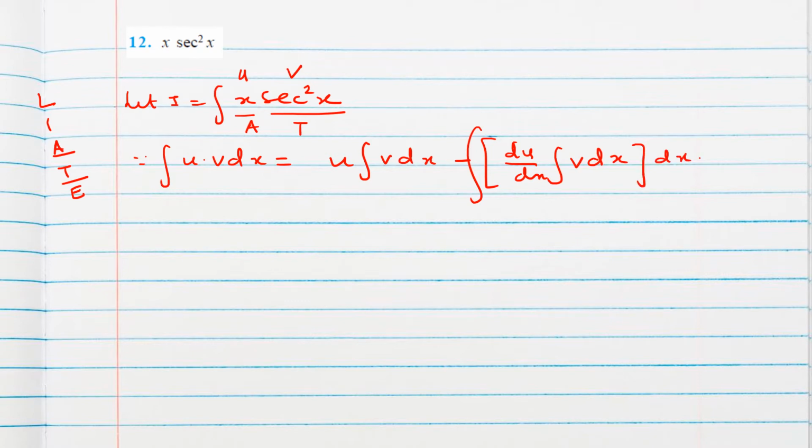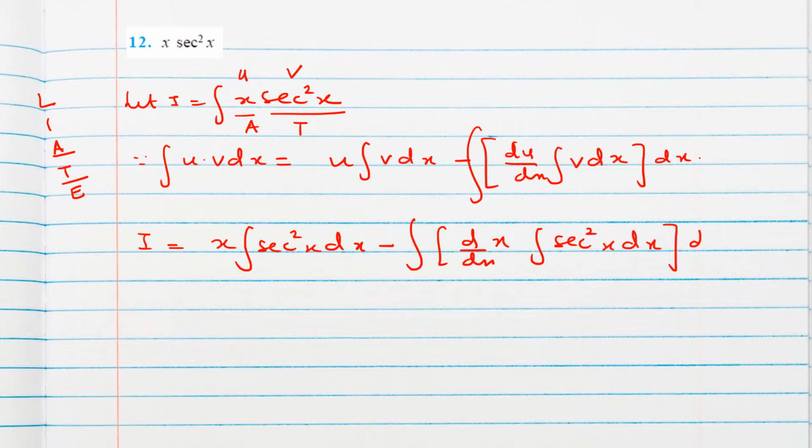So u is x and v is sec square x. So applying the formula we can write x integral sec square x dx, then derivative of x integral sec square x dx, then whole integration. For this we have direct formula, that is tan x, that we can write here.